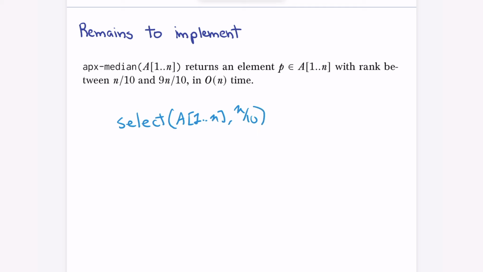But what would you do here? Okay, so this is the thing you're trying to implement. We're just trying to do n over 10. Oh, we're trying to implement approximate median. Let's hold that thought, maybe come back to it at the end.